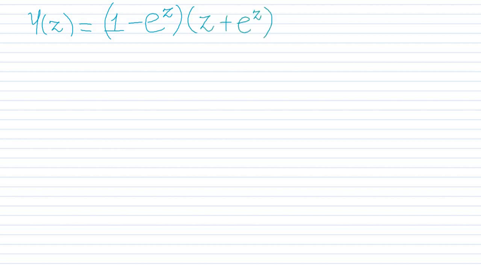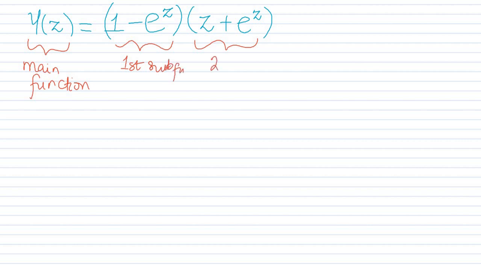Like I had explained earlier, anytime you're given a question with two subfunctions such as this, and these two subfunctions are multiplied together to get a main function, y of z, then y of z is the main function or the full function, while 1 minus e to the z is the first subfunction, and z plus e to the z is the second subfunction.